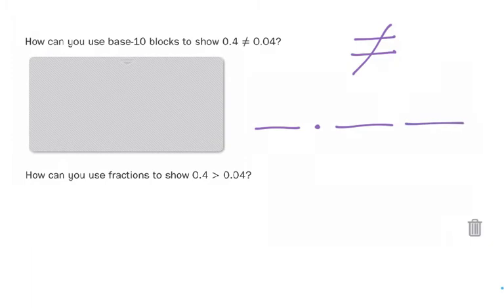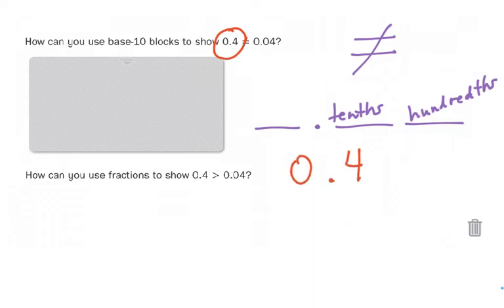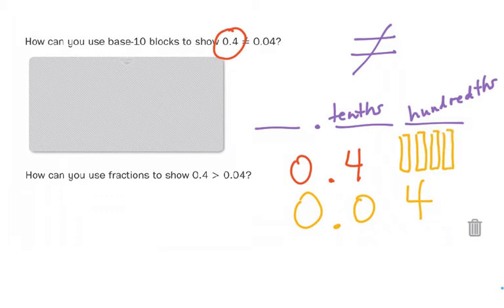So if I remember that this place is the tenths, and this place value is the hundredths, this number right here, the very first one, is this, and the next one is this. If I were to use base 10 blocks, 4 tenths would be 4 longs. 4 hundredths would be 4 cubes.